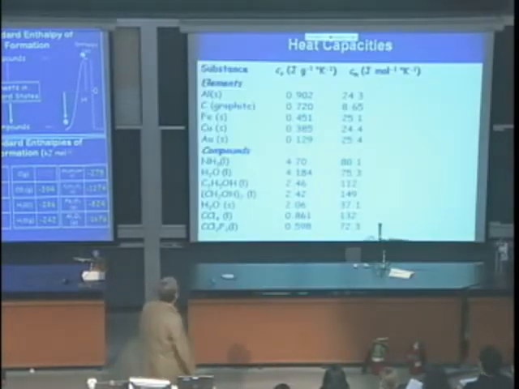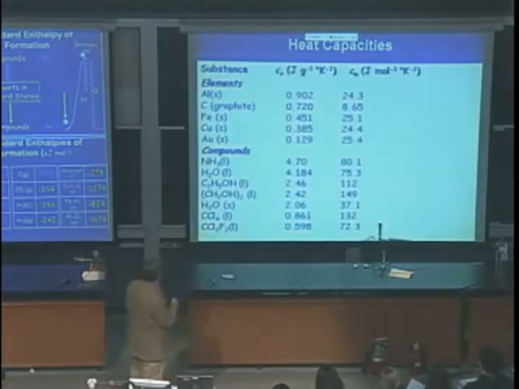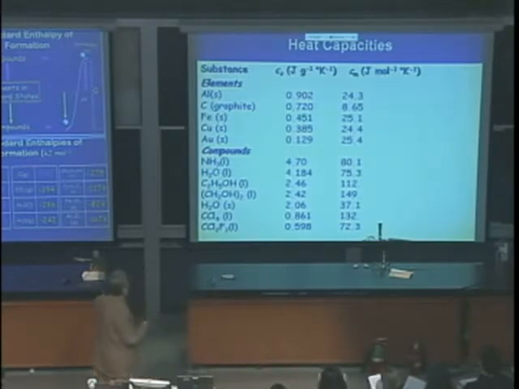So let's look at some heat capacities. Iron, for example, has a specific heat capacity of 0.45, and liquid water has a specific heat capacity of 4.18 joules per gram per Kelvin, okay? Now, if we take a mole of this, then a mole of iron has a heat capacity of 25.1 joule per mole per Kelvin, and the degree sign should not be here.